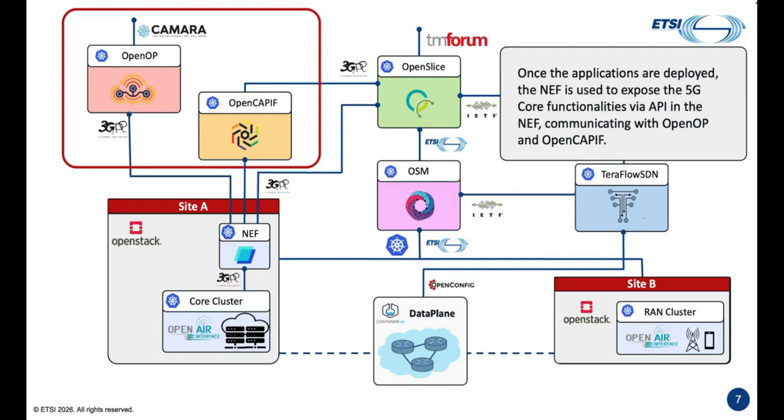So with this integration, you can integrate other components of the ETSI SDGs, which in this case are OpenOP and OpenCAPIF, to be compatible with other standards like CAMARA and 3GPP, of course. So this is the whole picture, and this is how the different components interact with OSM, and how OSM, the other way around, interacts with the components to create the full architecture to deploy this 5G private network, right?